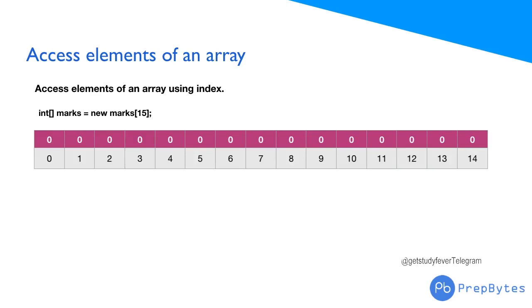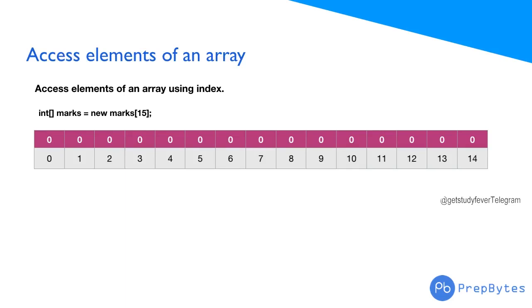Whenever you create a new array and don't assign any value, it will have some values by default. In this case, since it is an integer, the value is 0. If it were boolean, the value would be false. So these are the default values. In this case, it is 0.